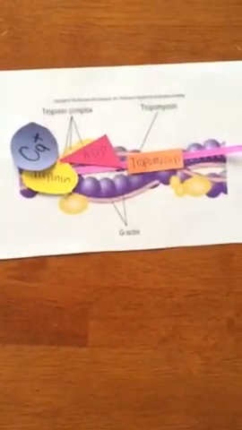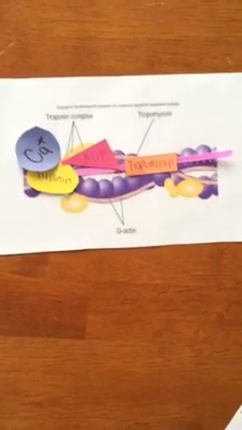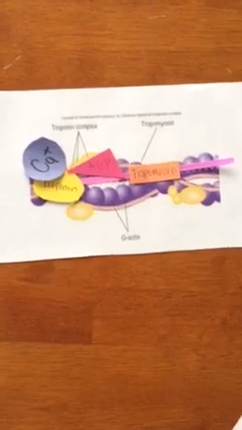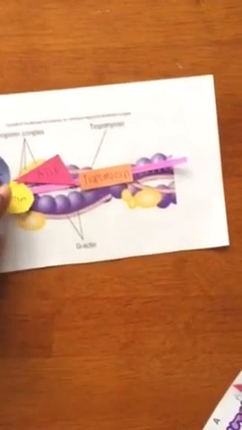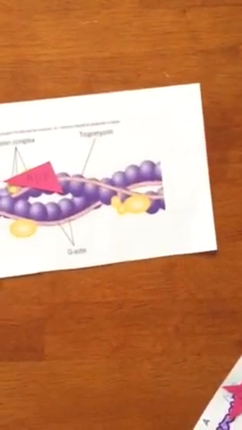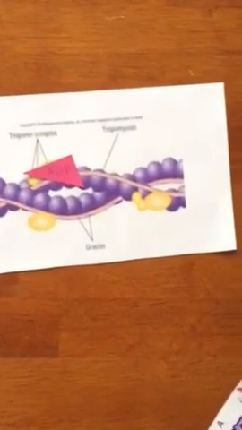The calcium ions bind with troponin, causing the tropomyosin to leave the actin, thus exposing the activation site.